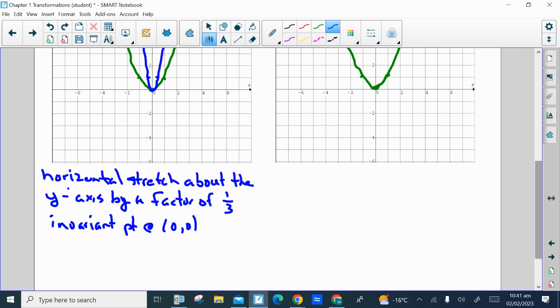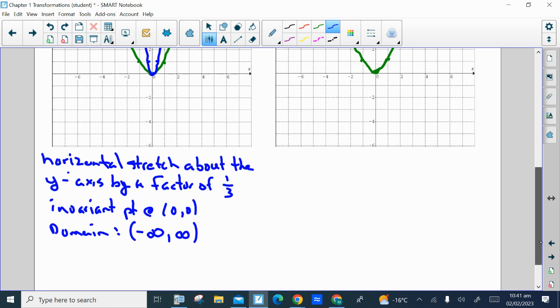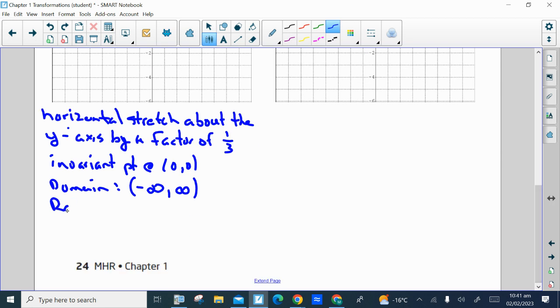But the key is that it's the y-intercept that doesn't change. Our domain hasn't changed. It goes from negative infinity to positive infinity, and we must use rounded brackets when working with infinity. Range didn't change. It goes from 0, which is included, up to positive infinity, which is not.